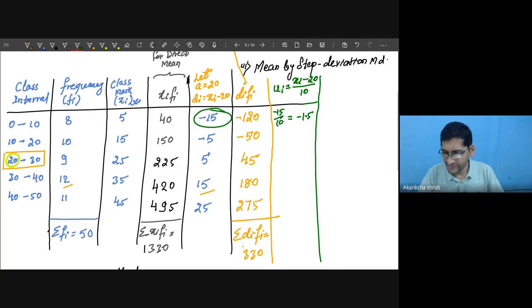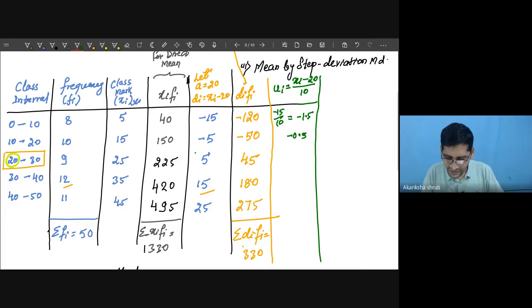Then again, the next one is minus 5. This is the di numerator, and the h already we have taken as 10. So it becomes minus 0.5. The next one is again, which one?